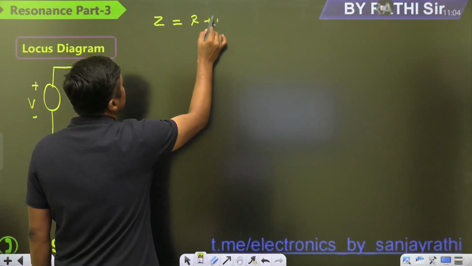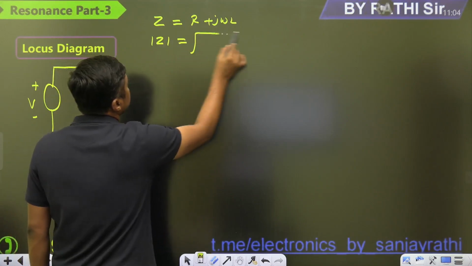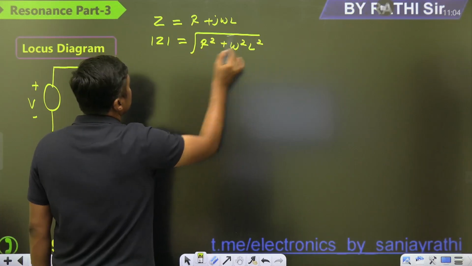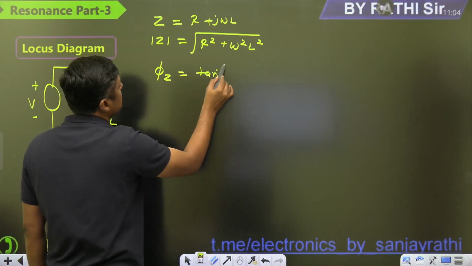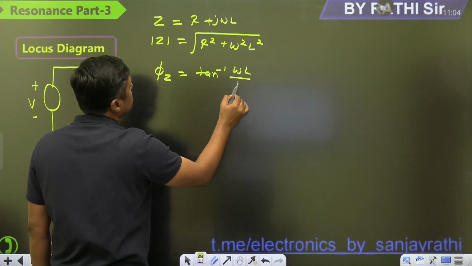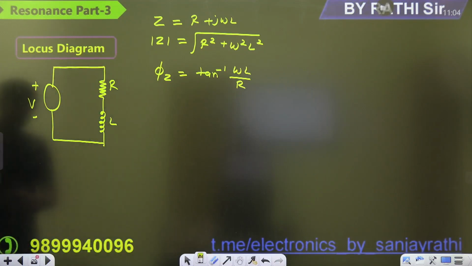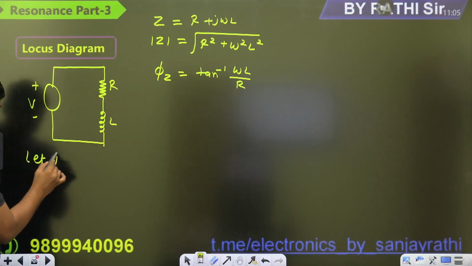R plus j omega L. What is the magnitude of Z here? What is the phase of the Z here? Imaginary upon real.